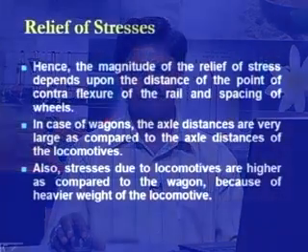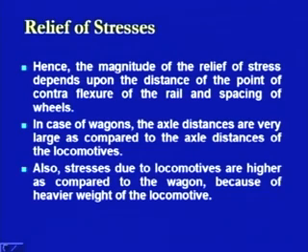Therefore, we first have to identify the types of locomotives which are operating, or are going to operate, on any section, or there is a feasibility of operation of certain locomotives on that stretch, and on that basis we can find out the heaviest locomotive, and the design can be done for that heaviest locomotive.